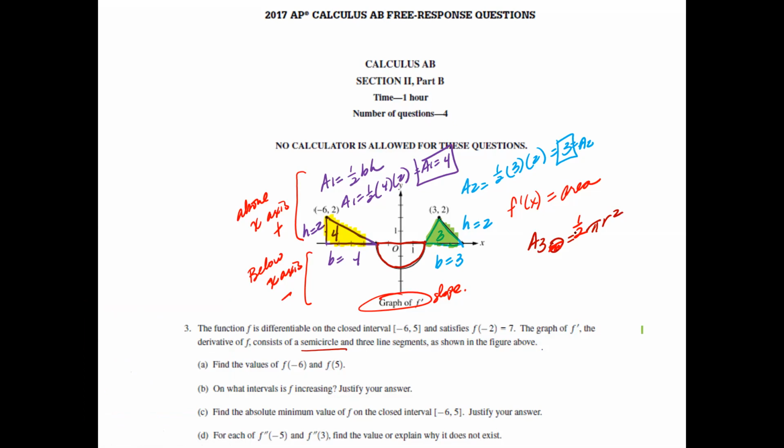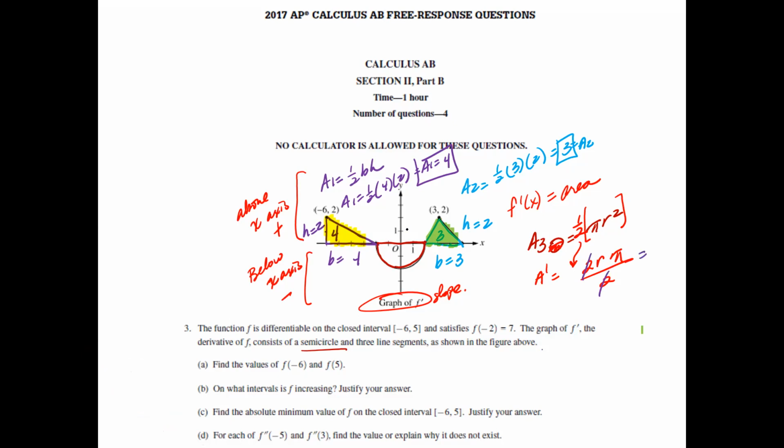But this is the area of a circle. I need the a prime of a semicircle. So if I find the derivative of pi r squared, ignoring the constant of 1/2 for now, the derivative of pi r squared is going to be 2 pi r, or I guess it would be 2r pi. But then bringing down the 1/2, so divided by 2, you cancel that.